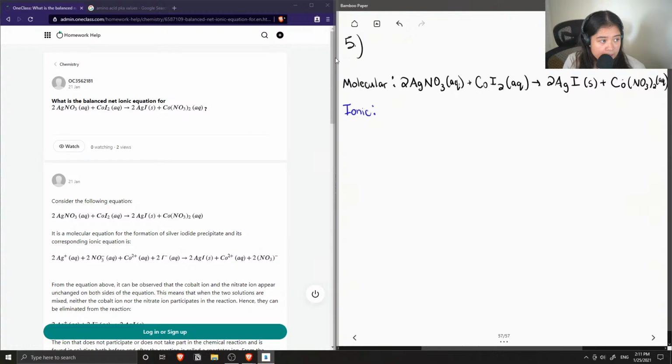So let's separate silver nitrate into its ions. You get 2 silver plus, plus 2 nitrate, which is NO3 minus.